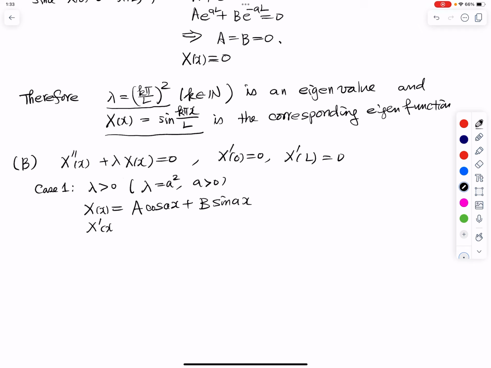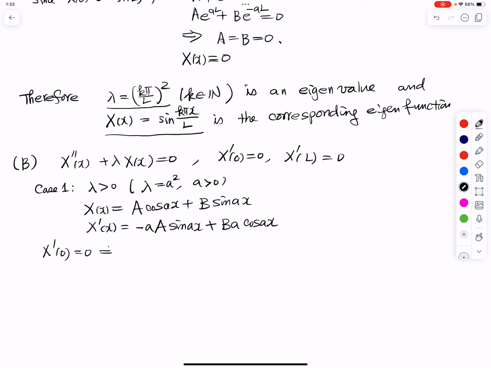And then let's take a derivative. The derivative of this is minus a sine ax plus b a cosine ax. Then x prime 0 equals 0.